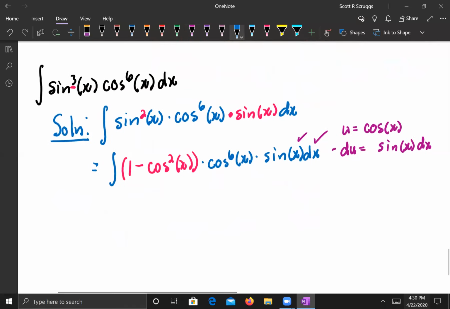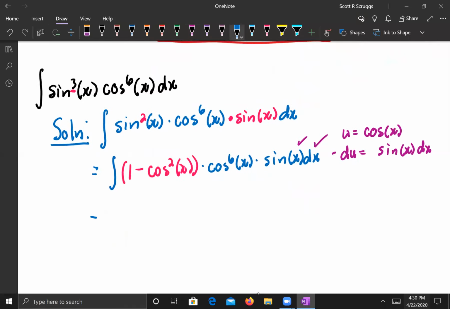So now that I have my u sub ready to go, I now have, after subbing, the integral of 1 minus u squared times u to the 6 times negative du.